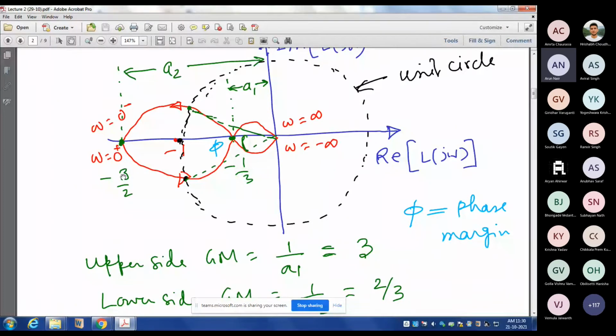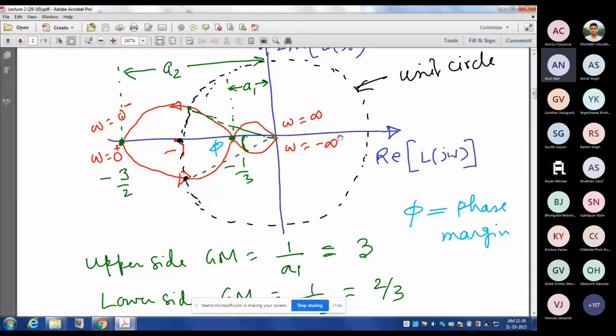Here omega equal to 0 is increasing, going up to omega equal to infinity. Again here omega equal to minus infinity, and then omega equal to 0 minus, and then omega from 0 plus to infinity.